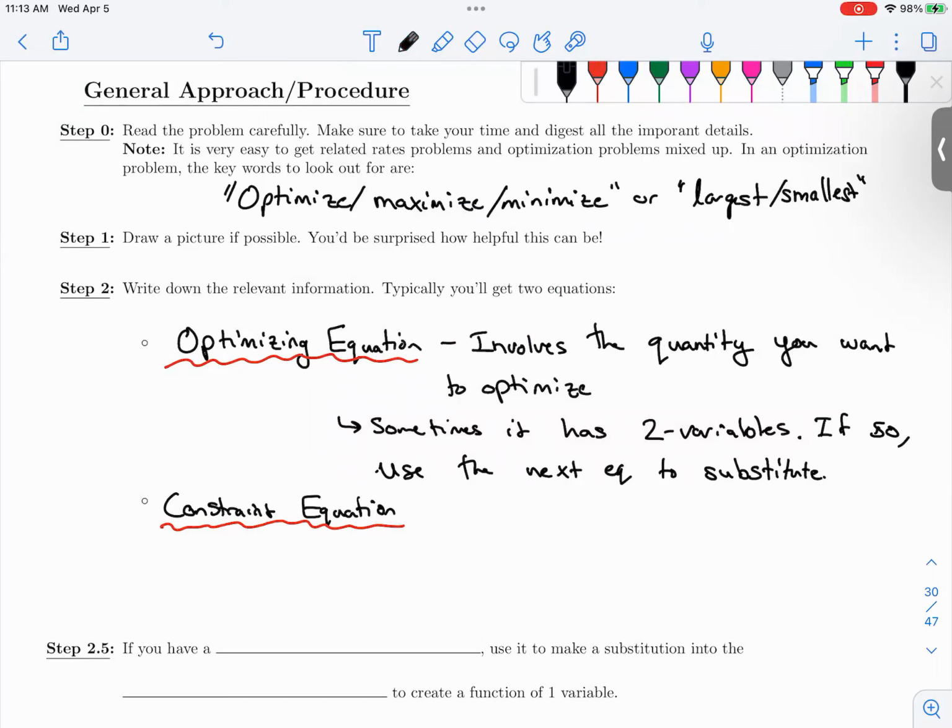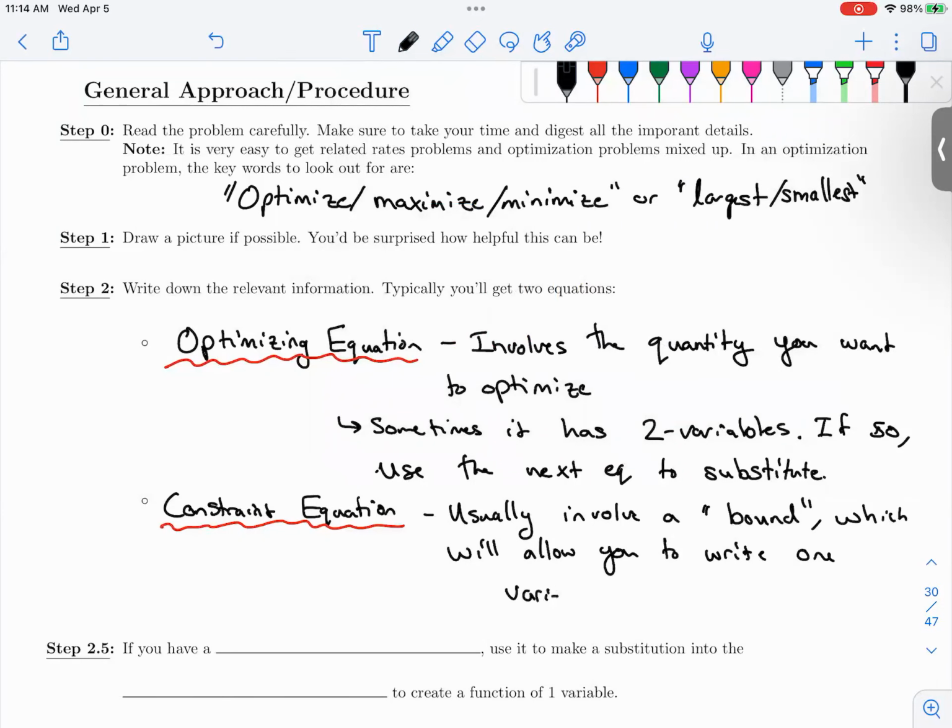But these ones usually involve a quote unquote bound, which will allow you to write one variable in terms of the others.